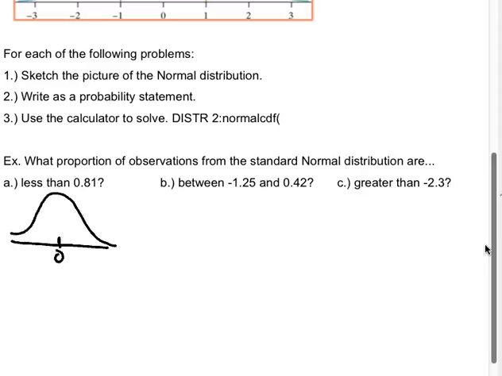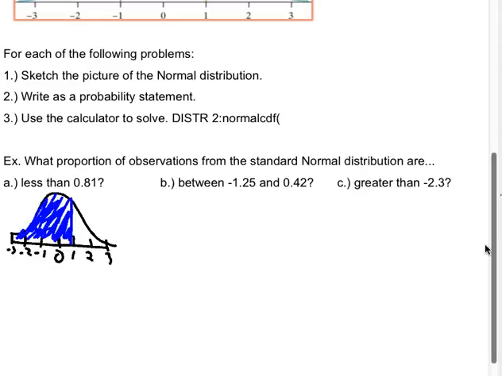So again, center at 0, then standard deviations counting in increments of ones. All right, so this is a normal standard curve. We want to know what percent of the area is less than 0.81. Well, 0.81 is going to fall right here, and we want the area less than it.